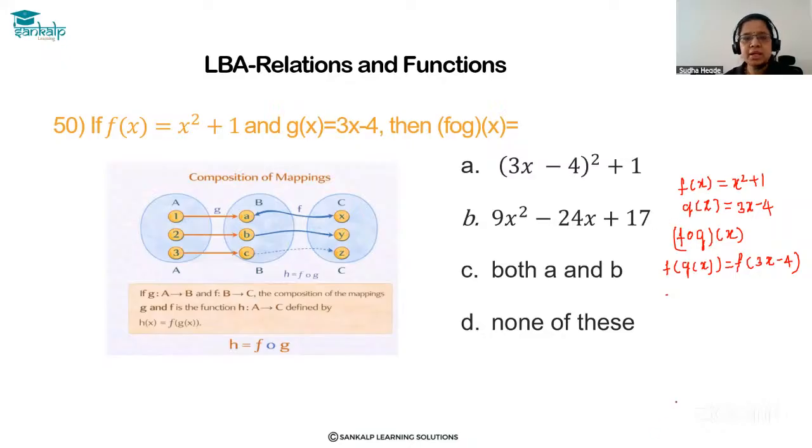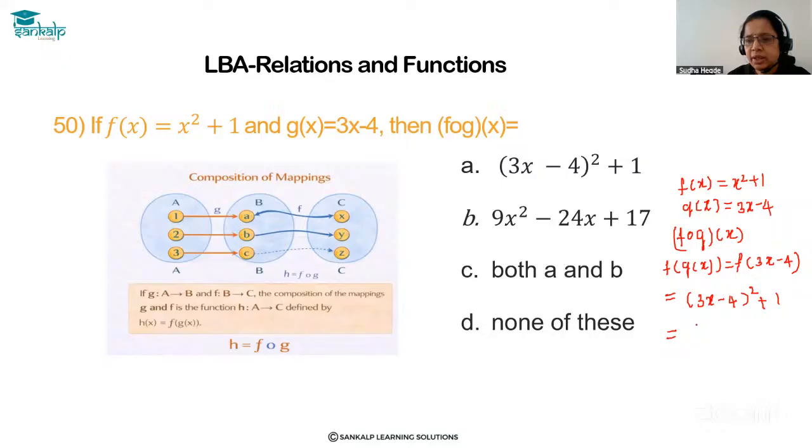You need to replace x by 3x minus 4 in f of x is equal to x square plus 1. So it is 3x minus 4 the whole square plus 1. Okay, that is 3x minus 4 whole square.